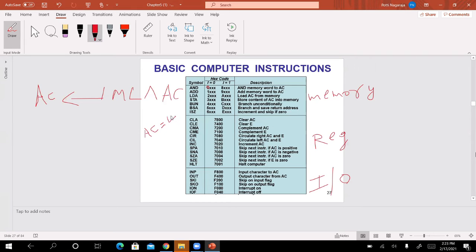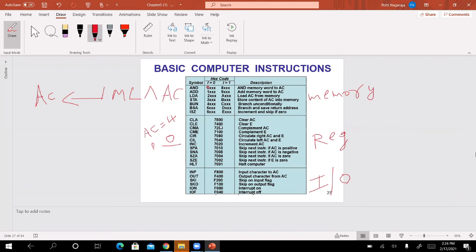Tell me, what happens with CLA? Check the description: clear accumulator. What happens to the accumulator value? This is only an example. So when we clear accumulator, we get accumulator value 0. Do you understand what I say?